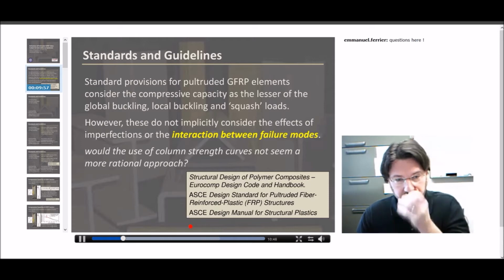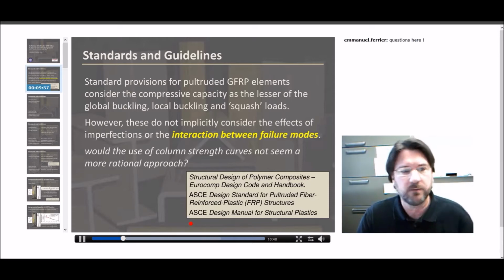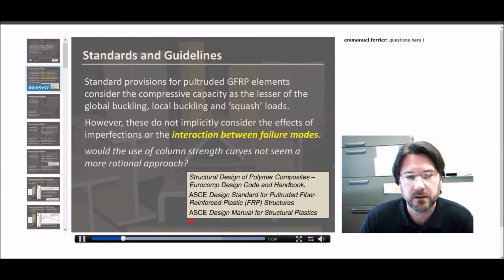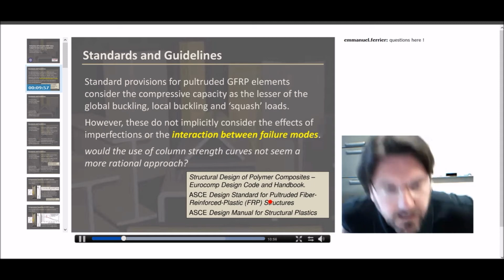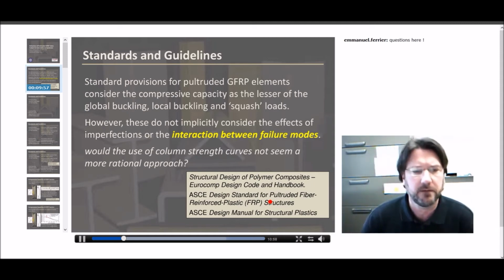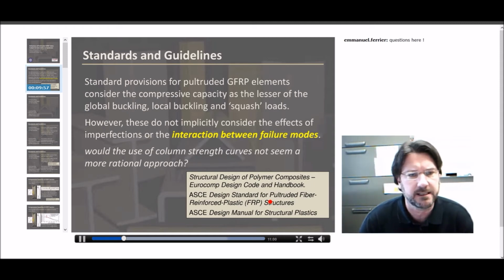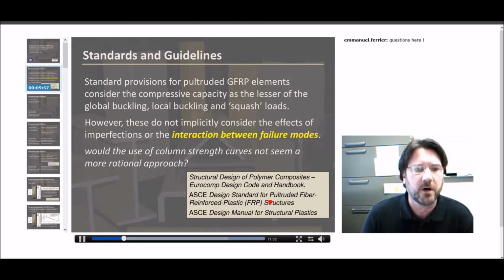What we're really looking at is one particular chapter, one particular application where we have elements under concentric compression. We'll talk a little bit at the end of the presentation about extending this. We're talking about columns, or members in trusses, very common uses for these pultruded sections.